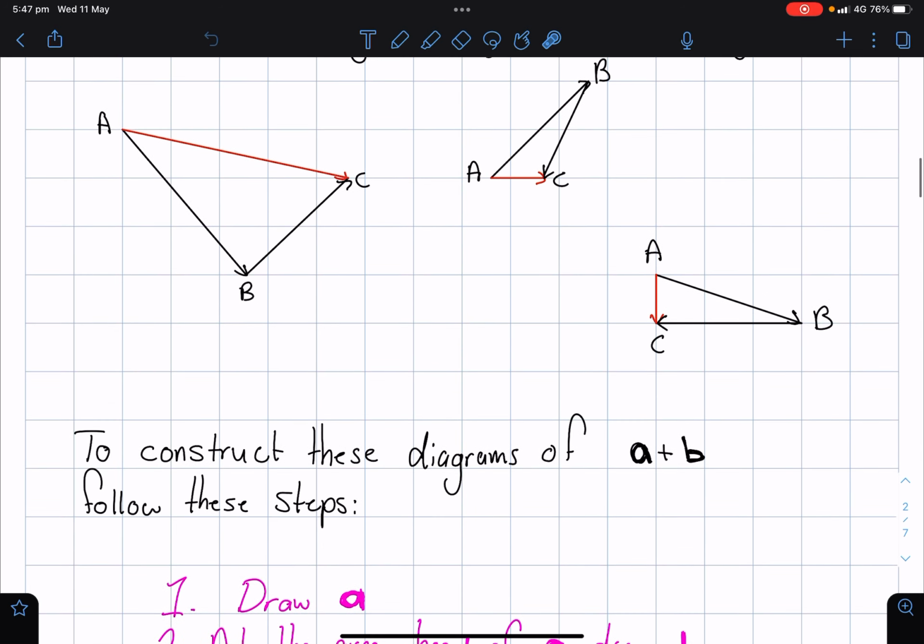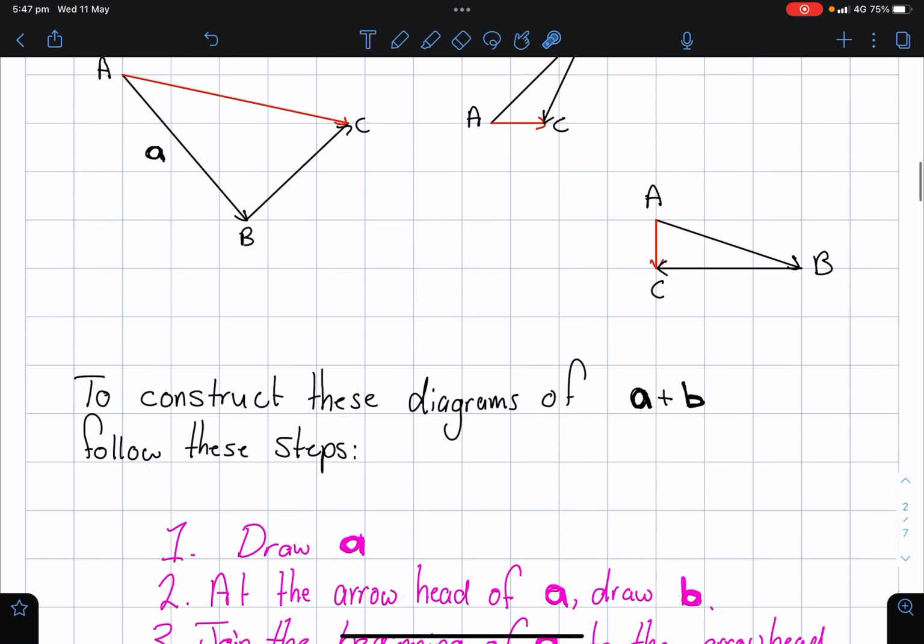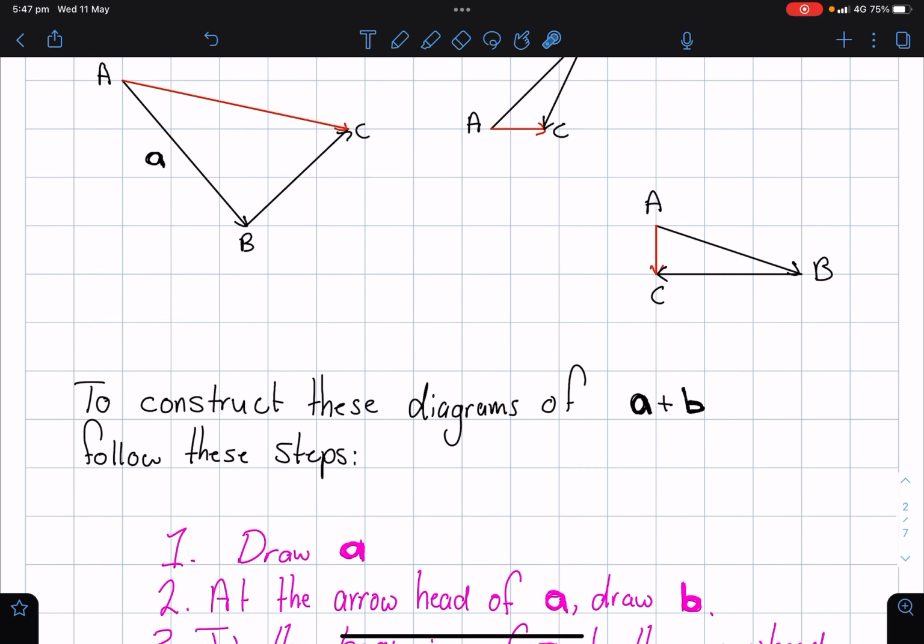So we draw A. So in this example here, say this is our vector A. So we draw in vector A. All right. Step 2, at the arrowhead of A, we draw vector B. So we locate the arrowhead of A, and then we draw in whatever vector B is. And in this case, this is our vector B.